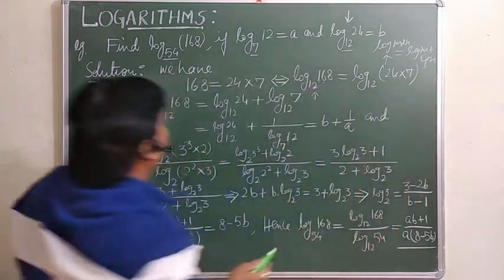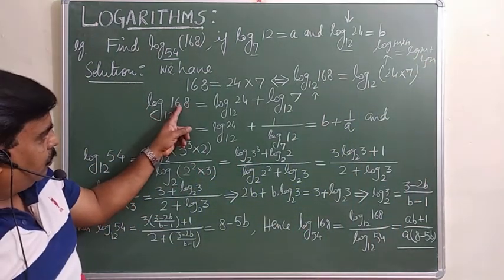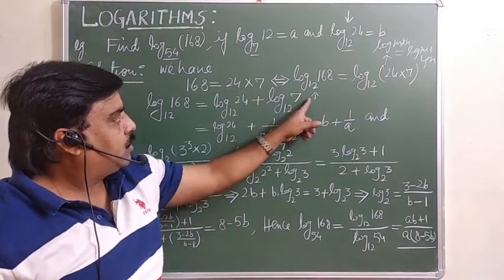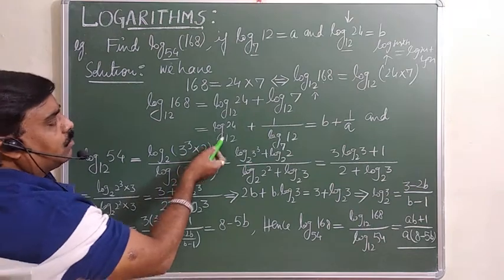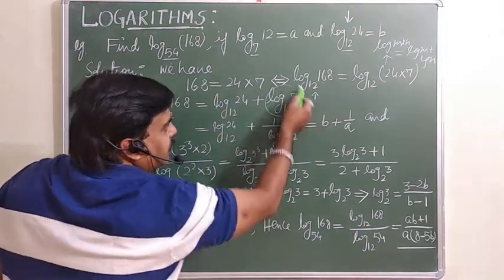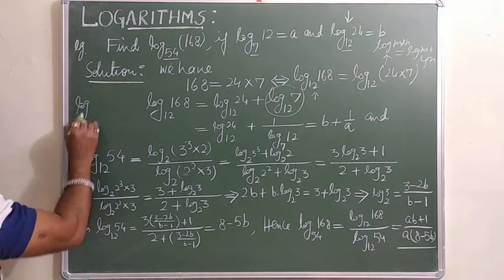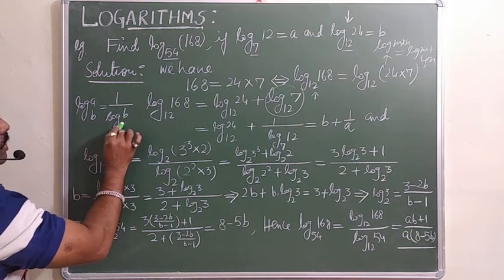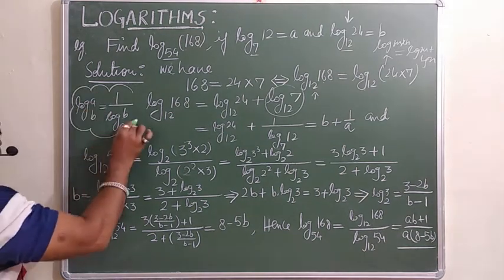So log 168 at base 12 can be written as log 24 plus log 7 at the base 12. See now, this is log 24 over 12, keep as it is, but this can be written by using this one: log a base b can be written as 1 over log b base a, by using this law.